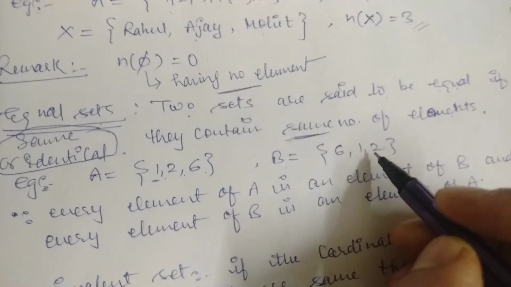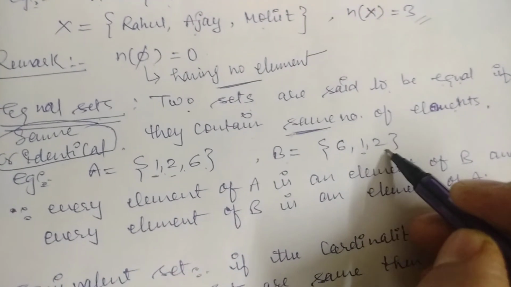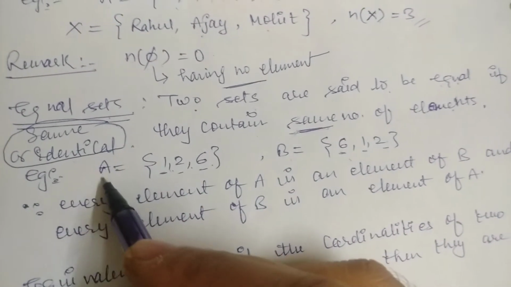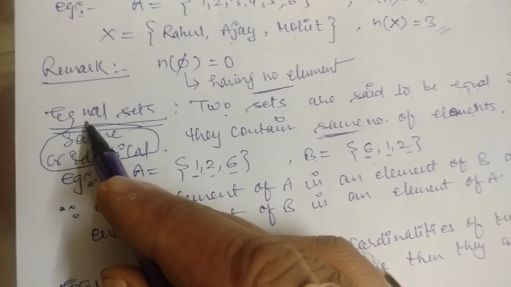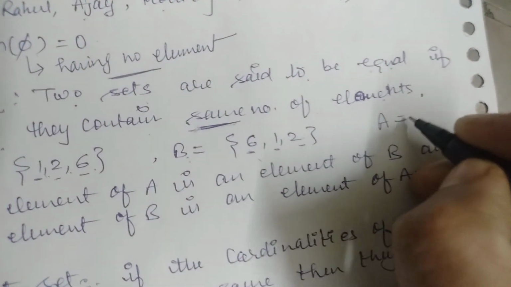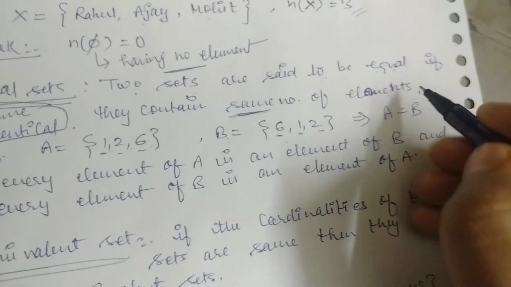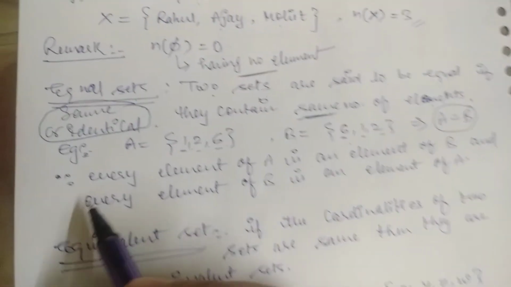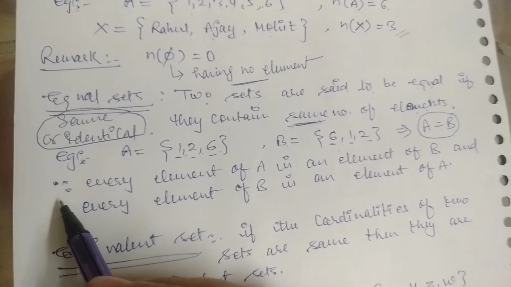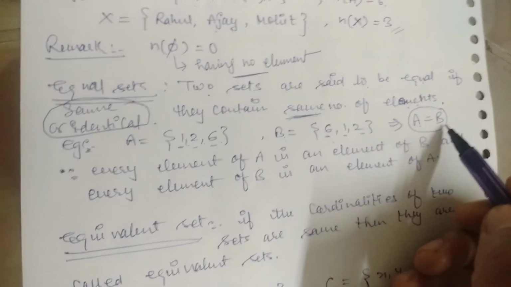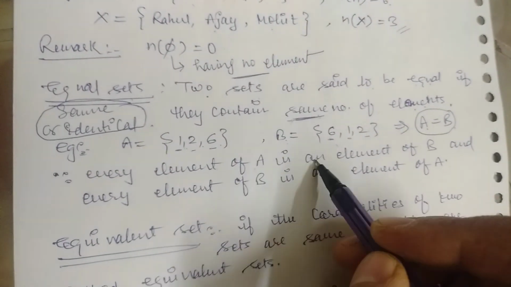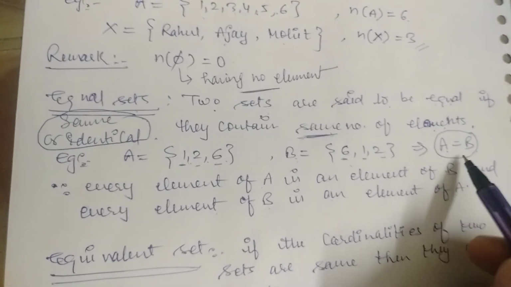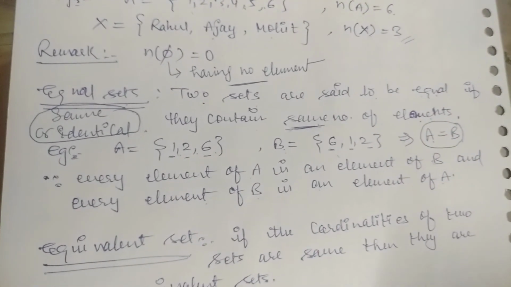So there is 1 and 1, 2 and 2, 6 and 6. Since all the elements are the same, both these sets are equal sets, and we write A equal to B. So two sets are equal if they have the same elements. A equal to B says every element of A is an element of B and every element of B is an element of capital A. Then both the sets are called equal sets.